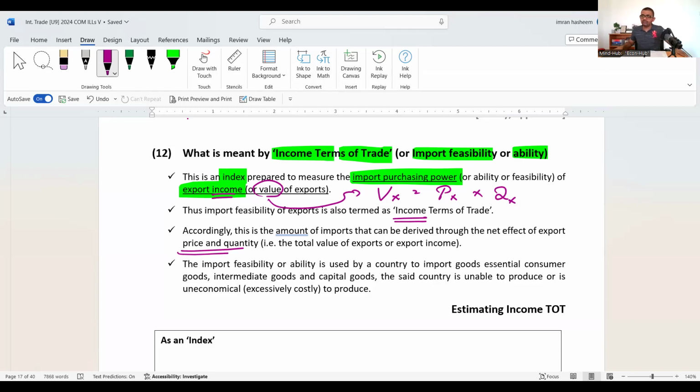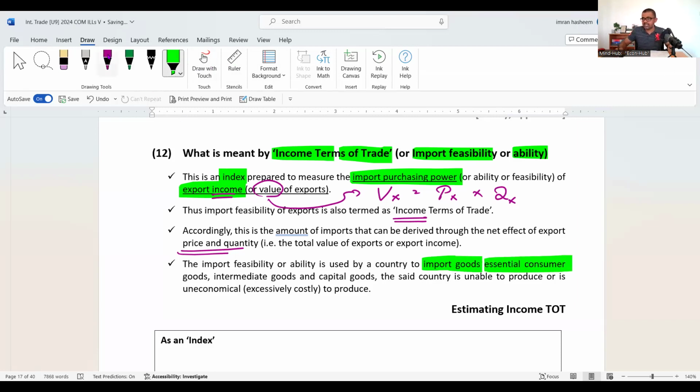Okay, so the idea is we are going to import using our export income, but what do we import and why do we import? Three things. Read this with me. What does it say? It says the import feasibility or ability is used by a country to import goods, either they are essential consumer goods.